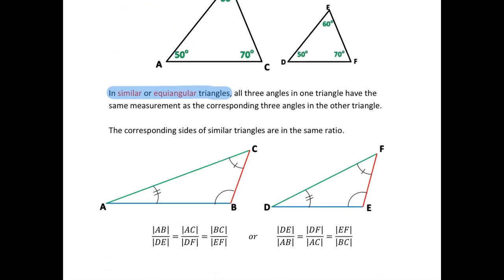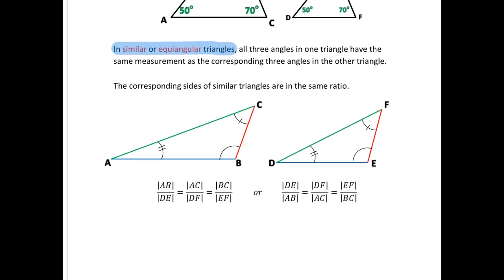So a theorem for similar triangles is that the corresponding sides of similar triangles are in the same ratio.